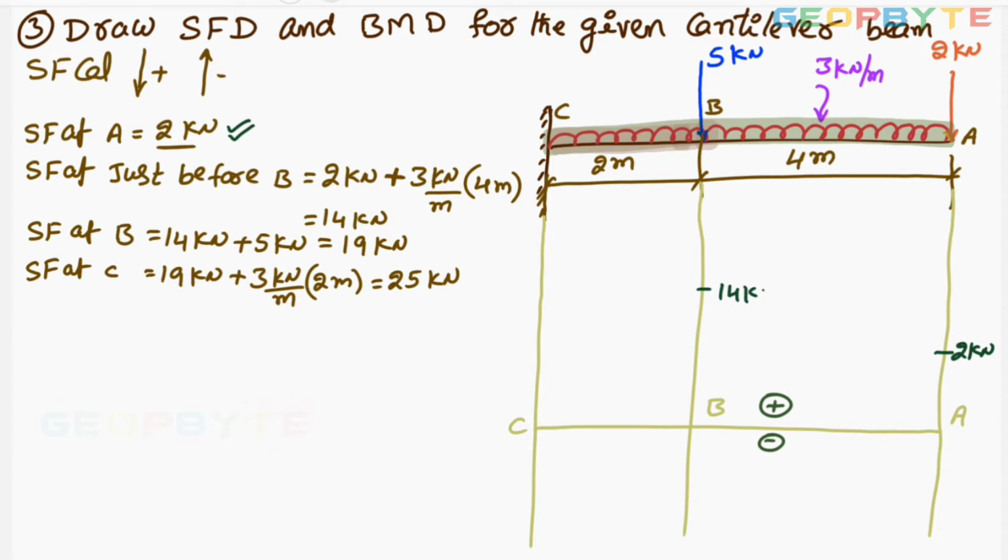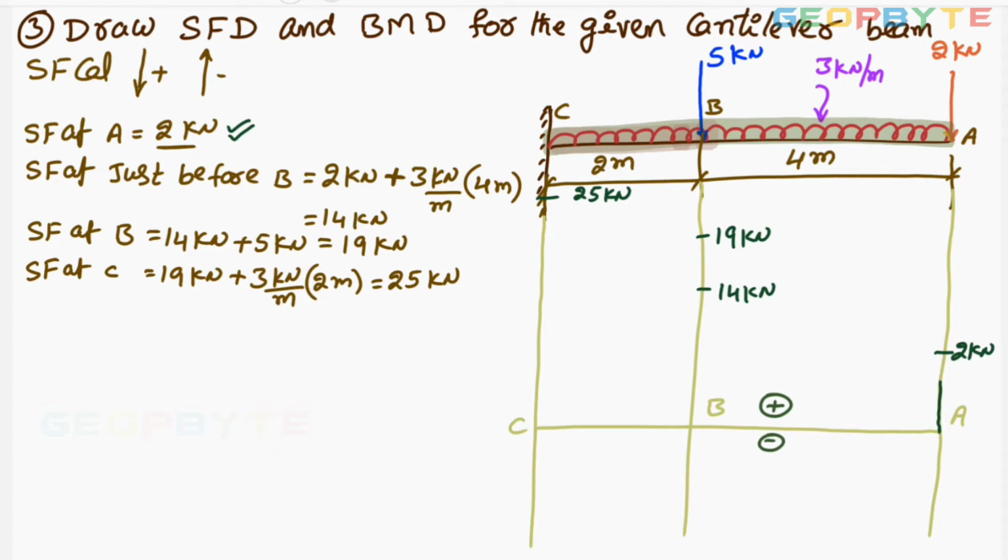SF at exactly B, 19 kilonewtons. SF at exactly C, 25 kilonewtons. Now you start from A.